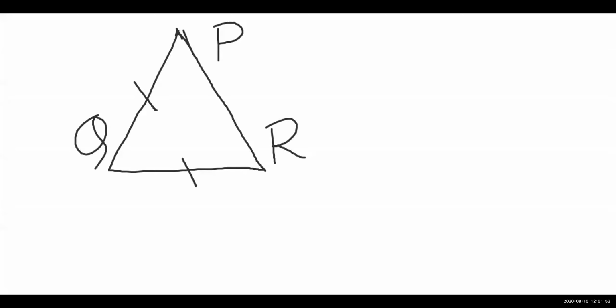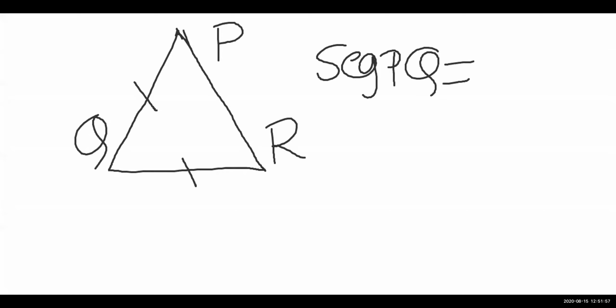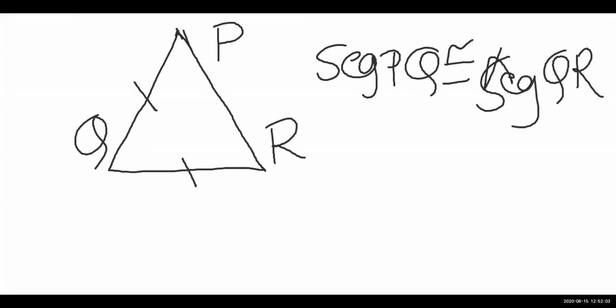Which two sides are congruent? Segment PQ is congruent to segment QR in triangle PQR. Now tell me which two angles will be congruent by the isosceles triangle theorem.